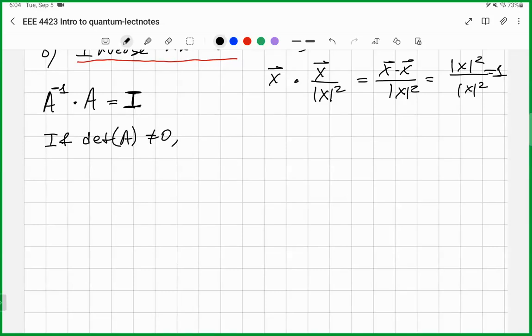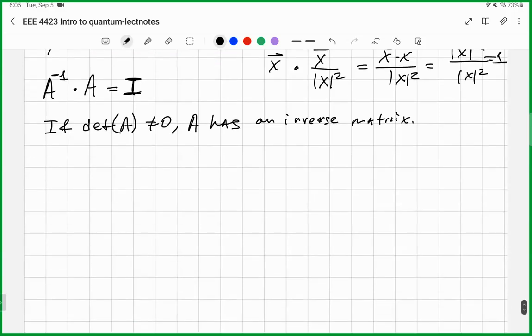So if the determinant of the matrix is not 0, the matrix has an inverse matrix. And here is the procedure to find this inverse matrix.